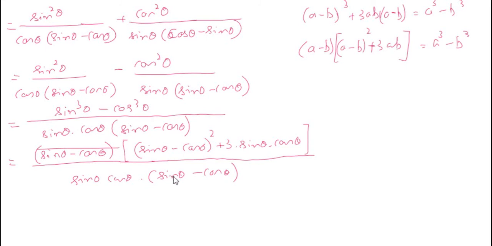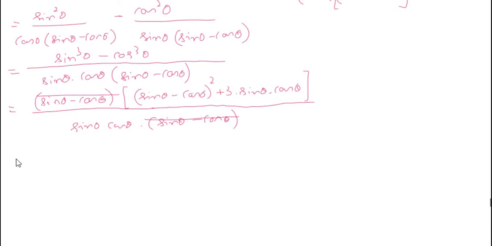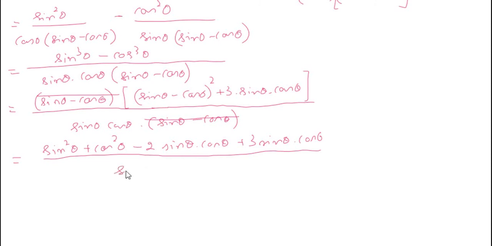Now this gets cancelled with this. So what is remaining is sin theta minus cos theta whole square, that is sin square theta plus cos square theta minus 2 sin theta cos theta, plus 3 sin theta cos theta, divided by sin theta cos theta.